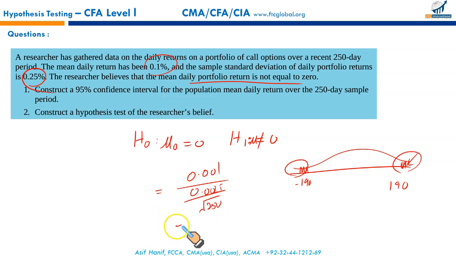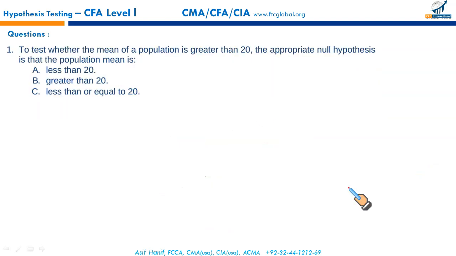So when you simplify this, the result comes out to be 6.33. So as you can see, our test statistic, 6.33, is greater than 1.96. It falls in this region. And we already agreed that if our test statistic is greater than 1.96 or less than negative 1.96, we will reject the null hypothesis. So we can now reject the null hypothesis that the mean daily option return is equal to 0. It is not. Alright, next question.